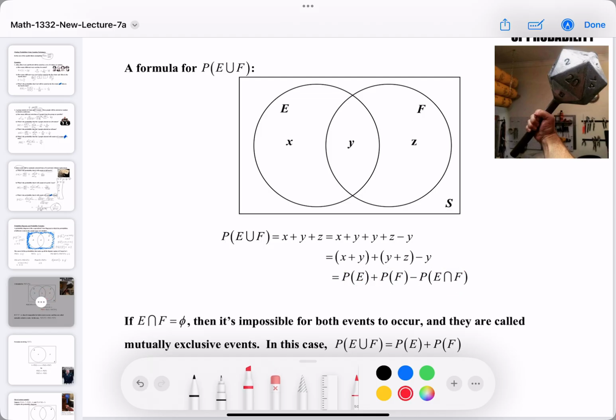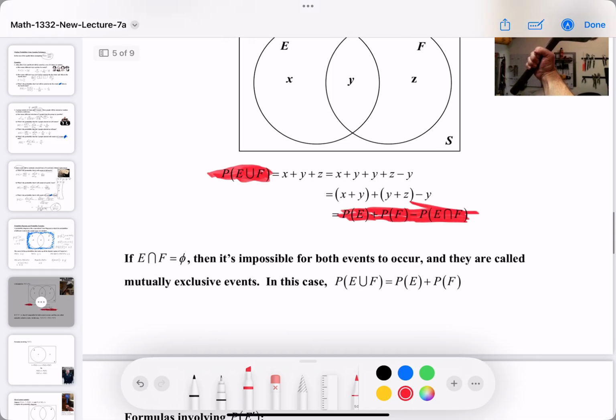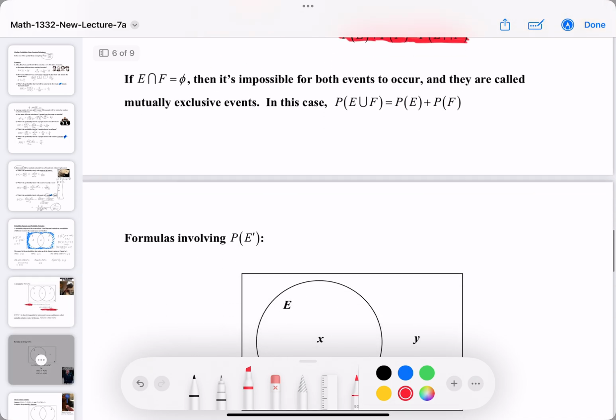That means P of E or F equals P of E plus P of F, then minus P of E and F. And if E and F, the overlapped area, the intersection is the empty set, phi, then it's impossible for both events to occur, and they are called mutually exclusive events or independent.